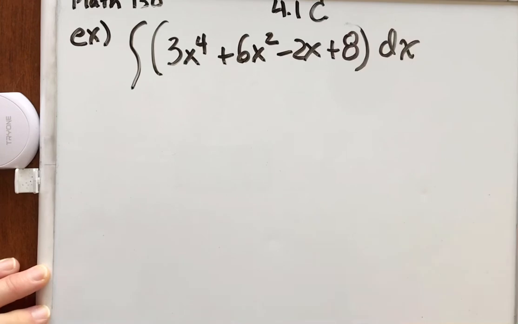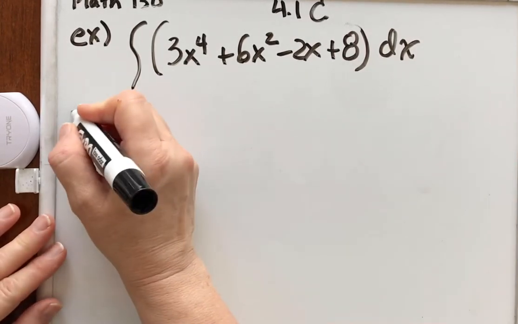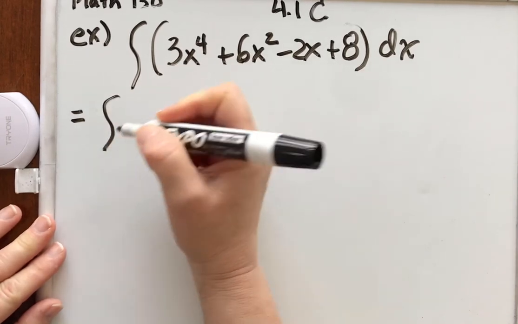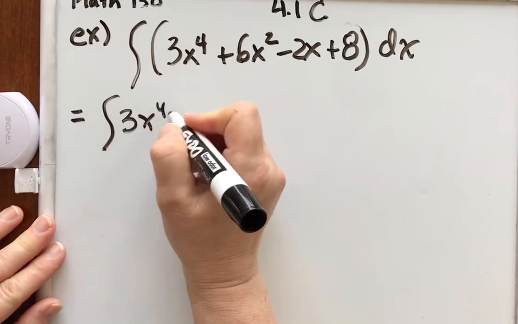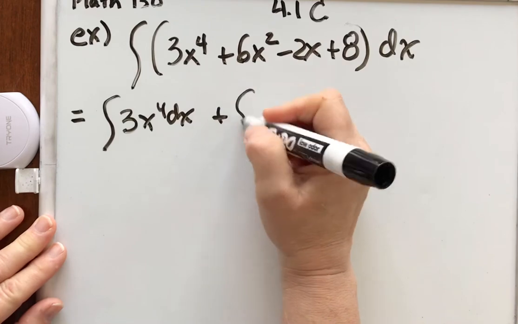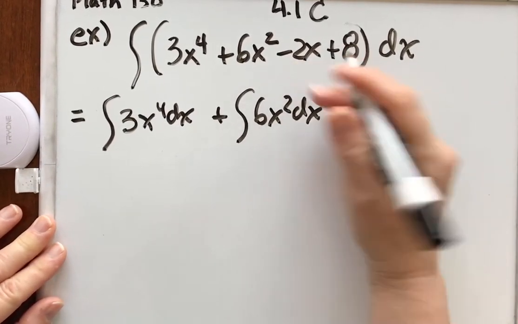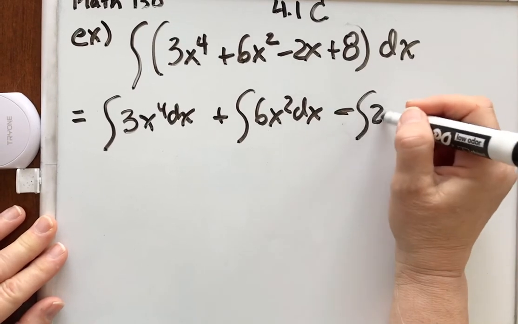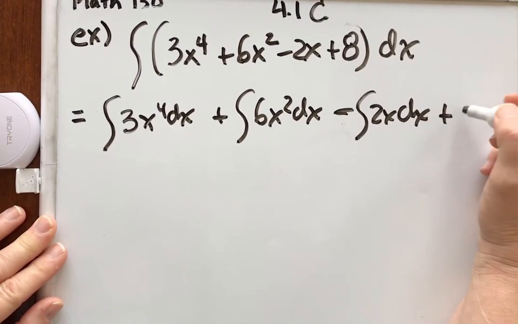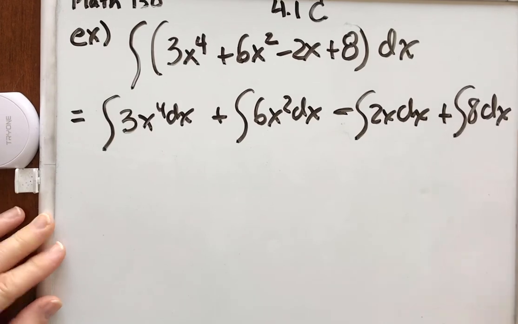Now there's a couple of ways of doing this, but I'm going to show you one way to start. We're going to split them all up. So splitting them up, we have 3x to the 4th dx plus the integral of 6x squared dx minus, because of that minus, the integral of 2x dx plus the integral of 8 dx.